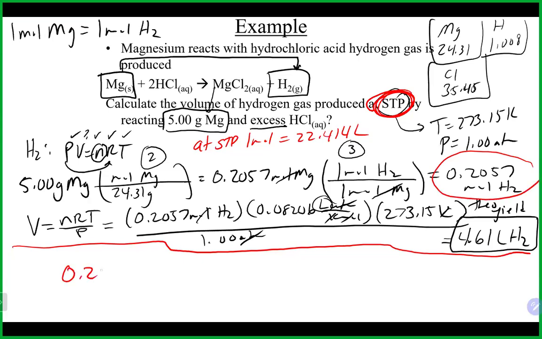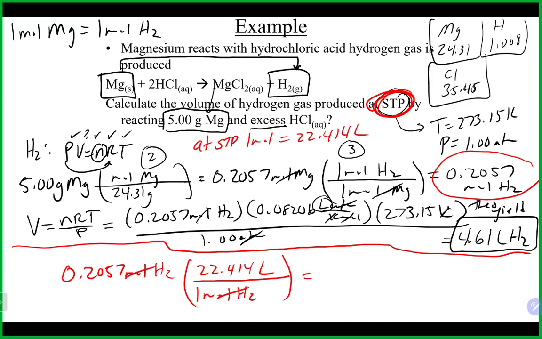And instead of putting it into the ideal gas law, you could have just used that conversion because you were at STP. That 1 mole of H2 would equal 22.414 liters. The moles of H2 would cancel, and you should end up with the exact same number that we got above, which is 4.61 liters of H2.